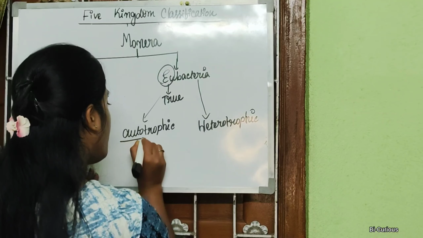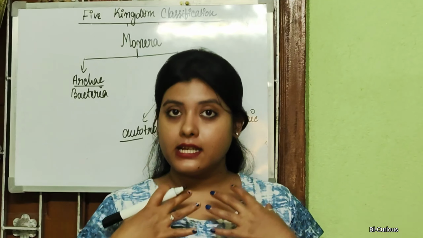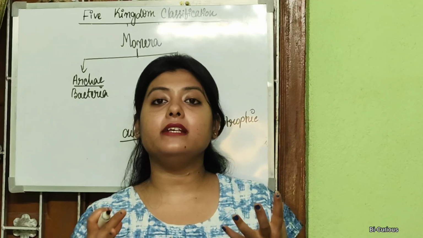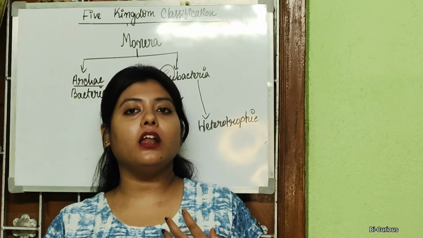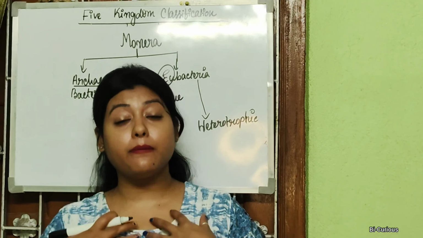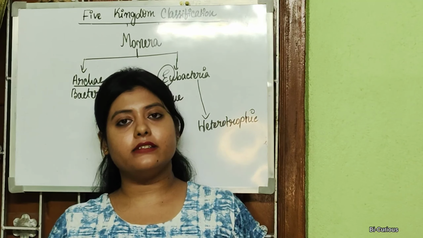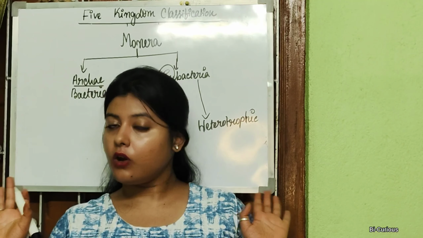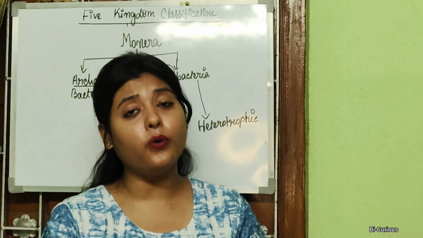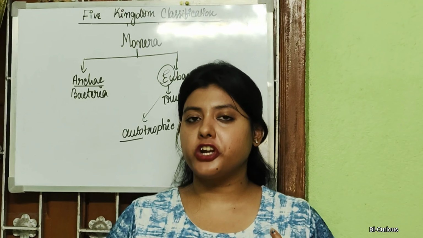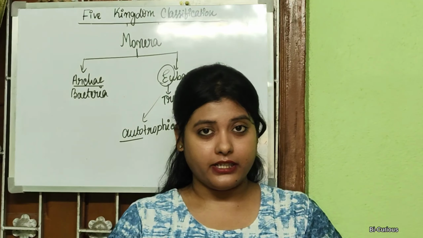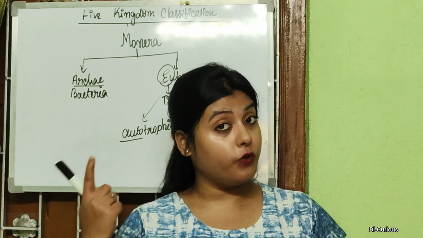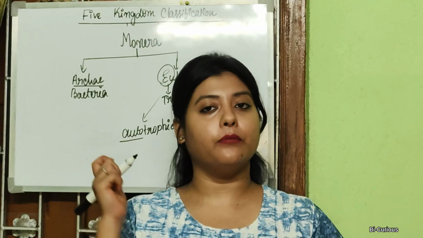First one is autotrophic. Auto means self and trophic means nutrition. So when the organism is capable of forming food by themselves only, it is called autotrophic nutrition. Clear? Now, in the autotrophic nutritional mode, there are 2 different types of organisms: one is photoautotrophic, another one is chemoautotrophic.